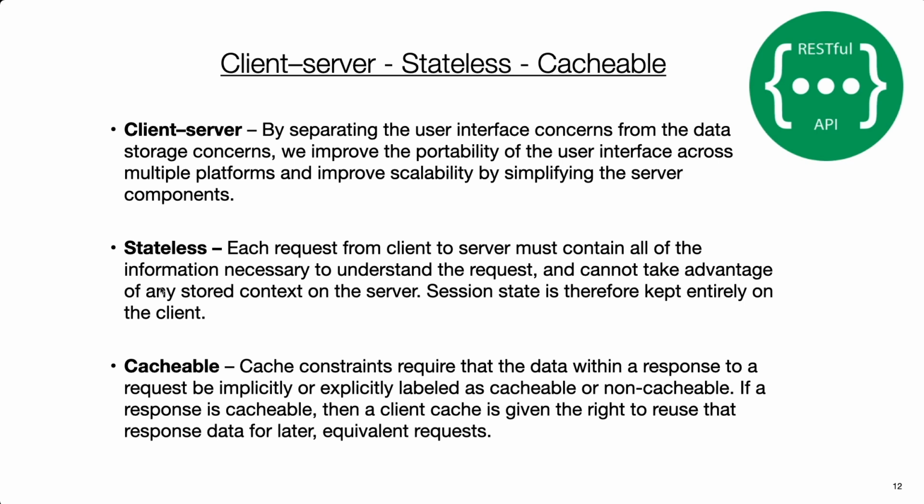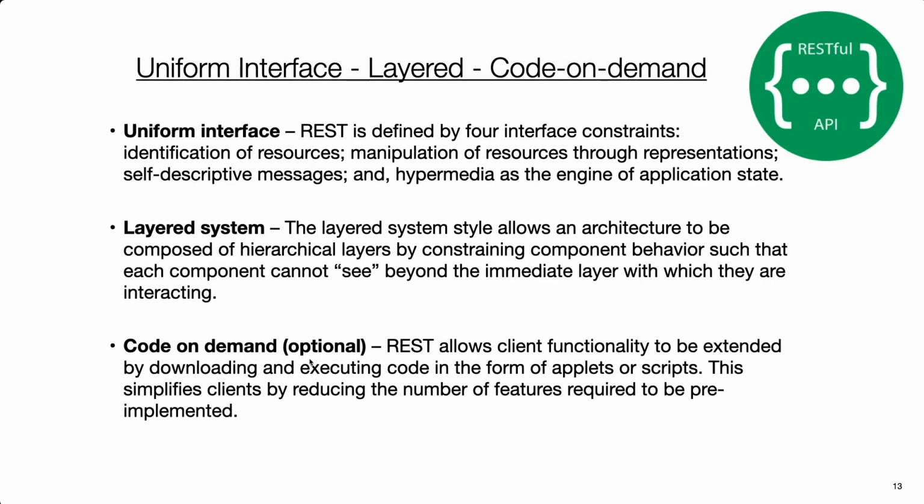Cacheable is also part of the infrastructure of the web and the internet generally. So we rely on inherently implemented cache features, which are quite complex, rather than attempting to fight against them. Uniform interface. Well, we're looking at common ways of identifying resources, and we'll see in a moment how that looks.